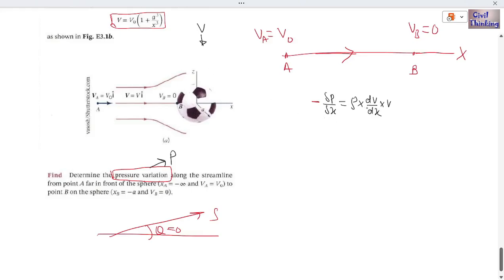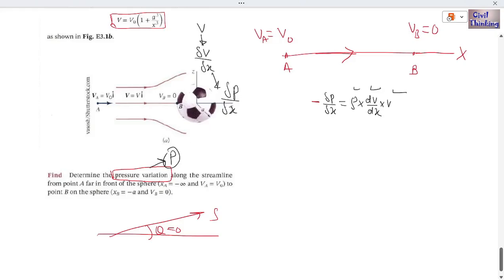So we will find V, then we will differentiate V with respect to X, so delta V by delta X. Then we will multiply it with density, and then we will get delta P by delta X. But we need pressure, pressure variation.